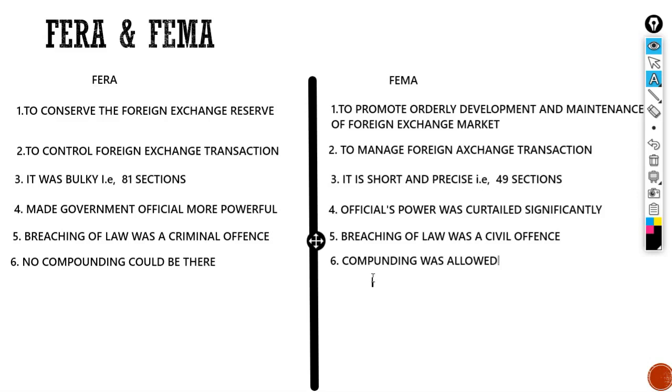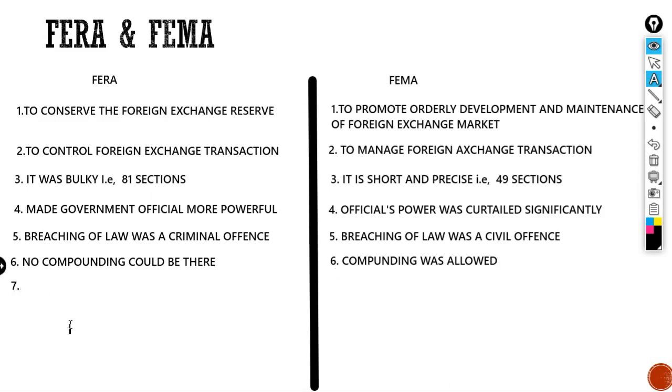So in FERA, if you were caught, you were charged with a criminal offense, you couldn't get away by paying a penalty. So in FERA, there was compulsory imprisonment. However, in FEMA, compounding was allowed. So if you don't want to be imprisoned, you could pay a penalty and get out of your issues.